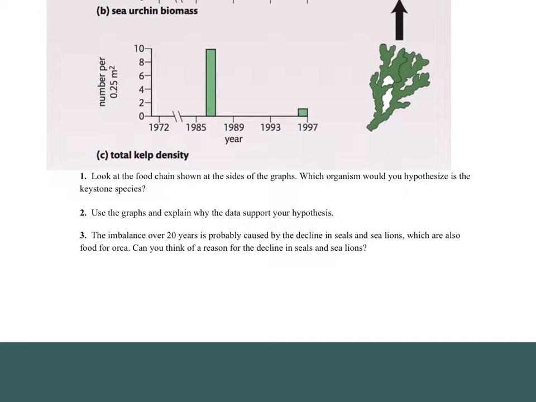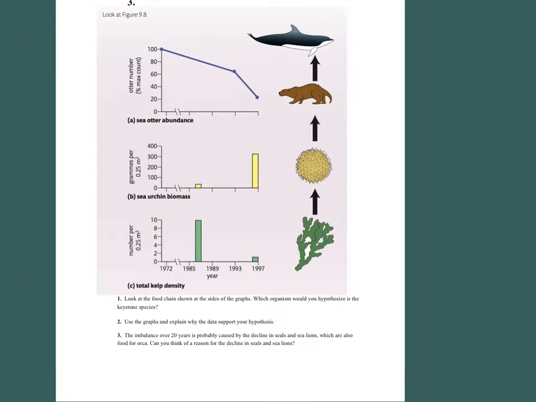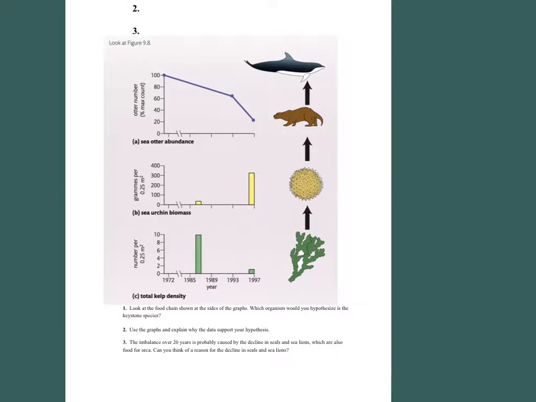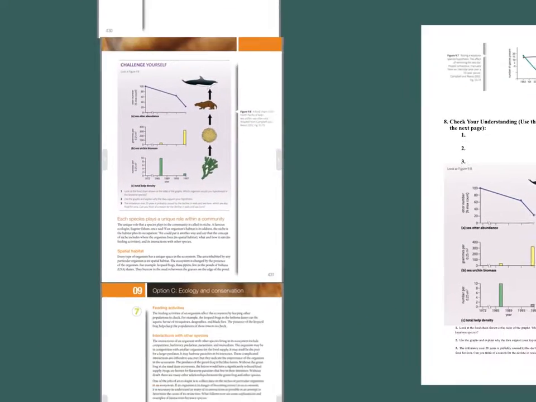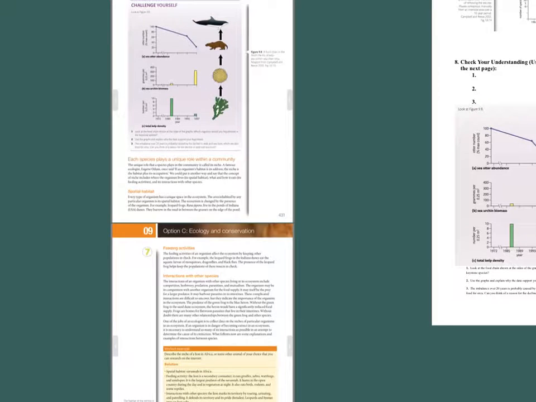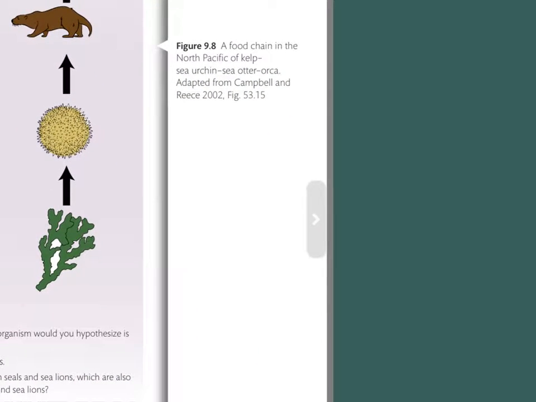Use the graphs to explain data support for your hypothesis. So let's read more about that before we dive in. This is a food chain of the kelp in the North Pacific.